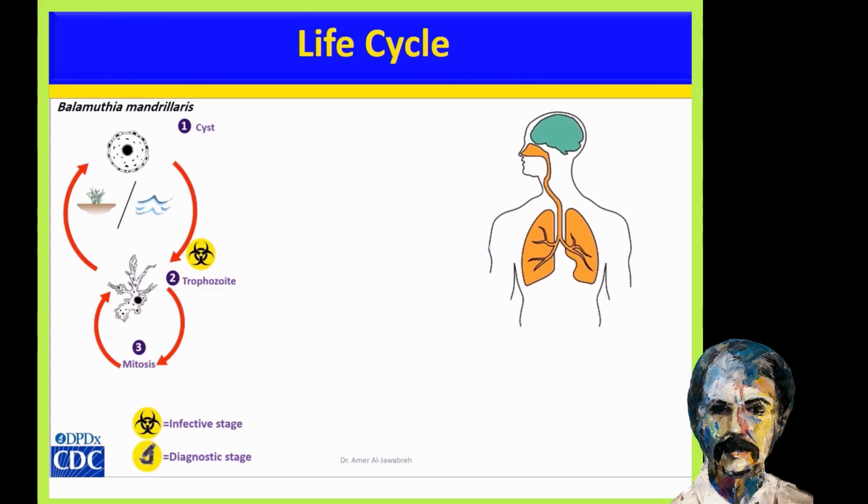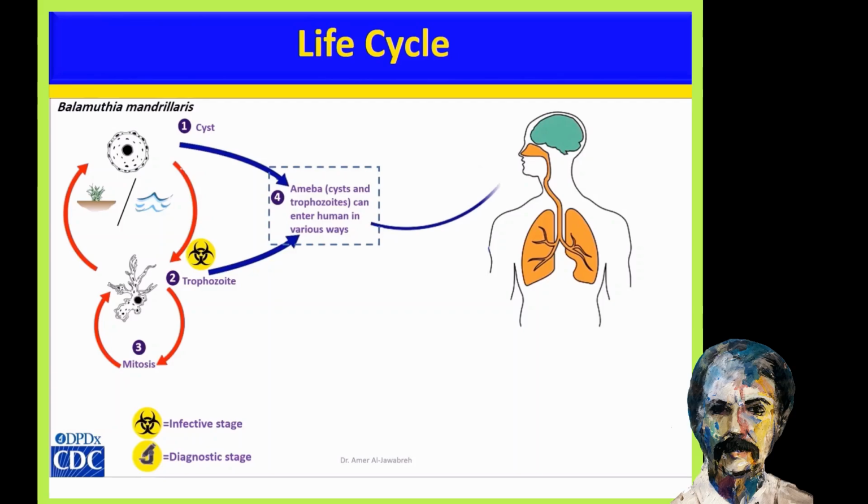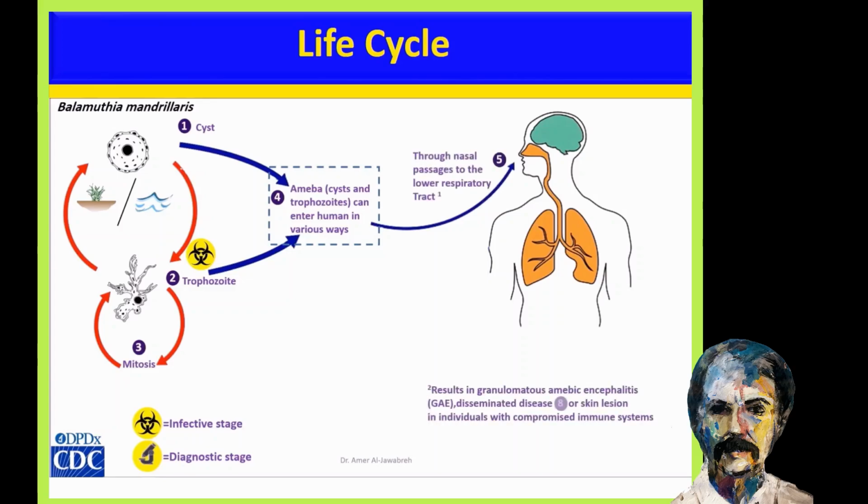Then what happens? This cyst and trophozoite, so we have only 2 stages here, not like Naegleria fowleri. Here we have 2 stages, like the GI tract amoebas. Cyst and trophozoite can get access to you. How? Either through the nasal passages, and then they go to the lungs, or sometimes through a wound.